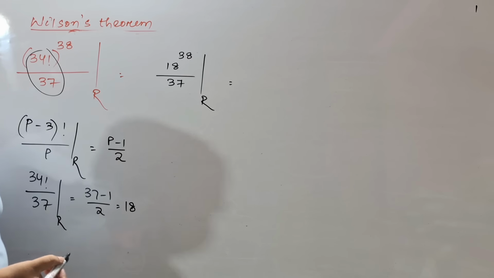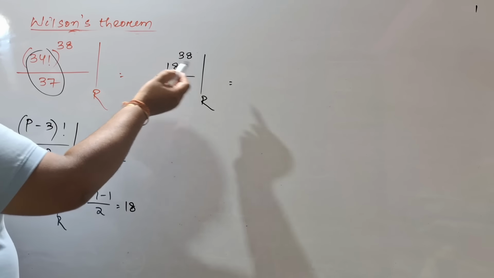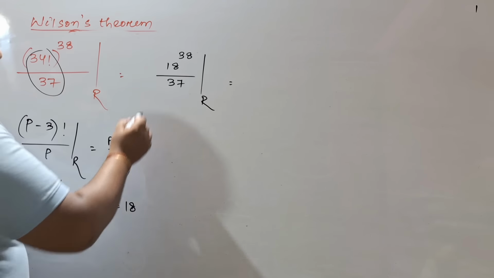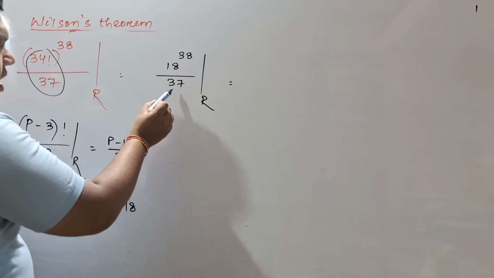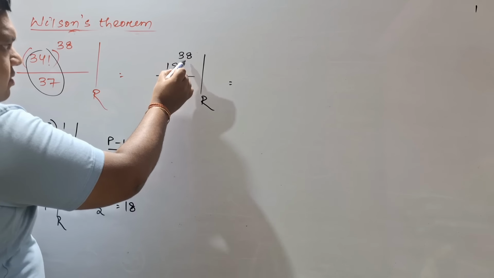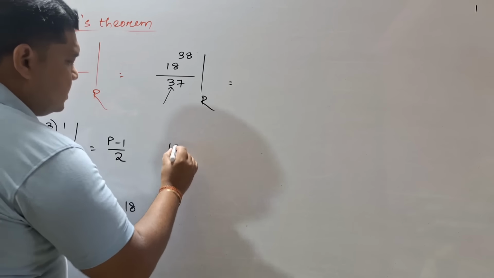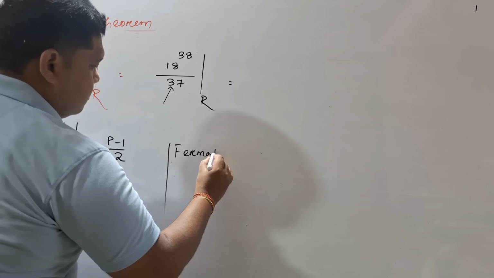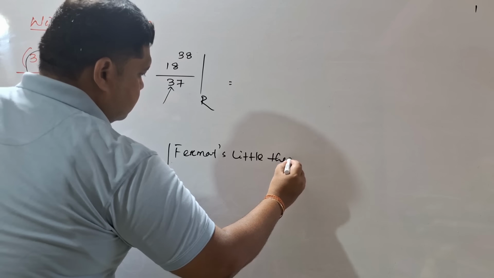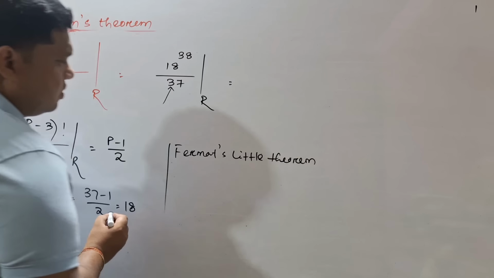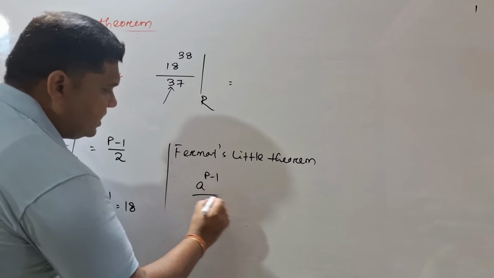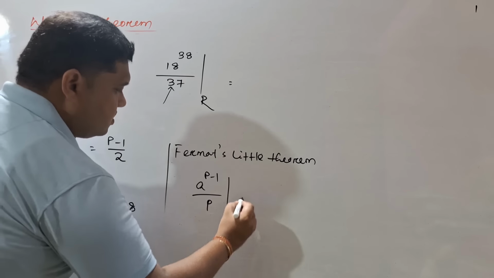Now here, just think. You can directly apply Fermat's little theorem. It will be easy because 37 is a prime number. Fermat's little theorem means that when a to the power p minus 1 is divided by p, the remainder is 1.